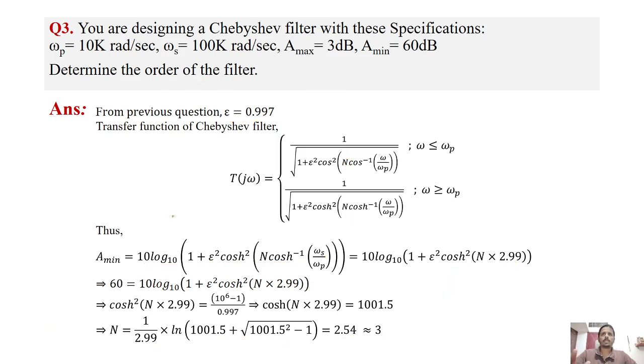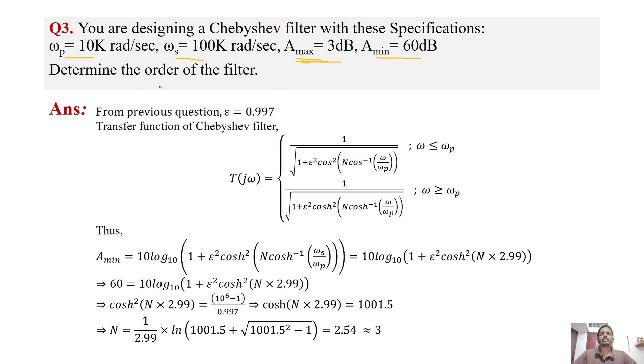The question was like the parameters have been given: omega p, omega s, A max and A minimum. For the previous question, it was the value of epsilon. We know A max, the maximum attenuation in dB, is equal to 10 log of 1 plus epsilon square. So we substitute A max 3 dB, rearrange, and we will get epsilon.